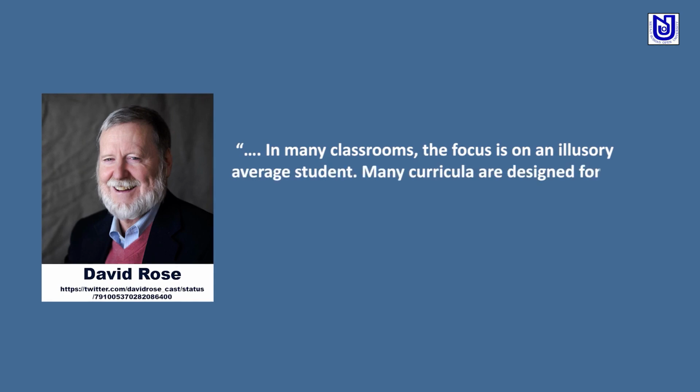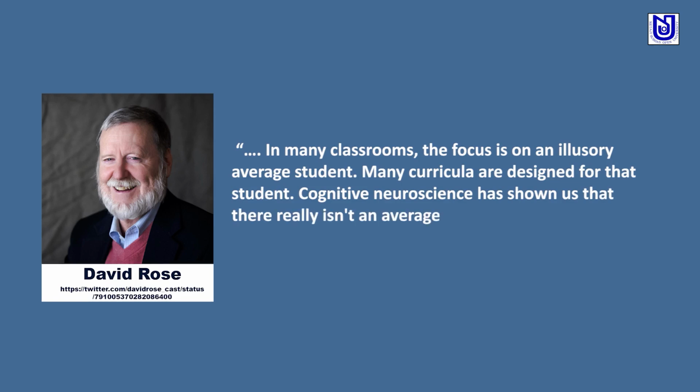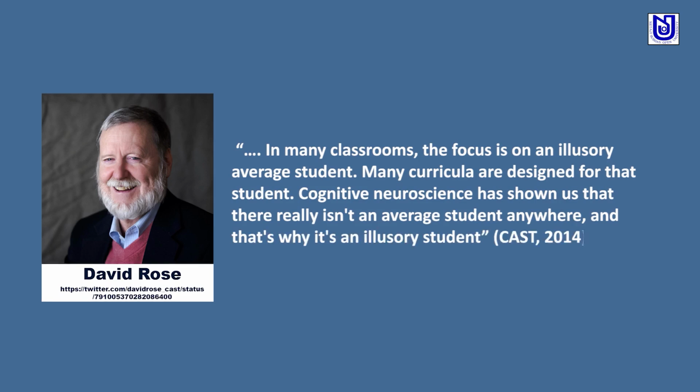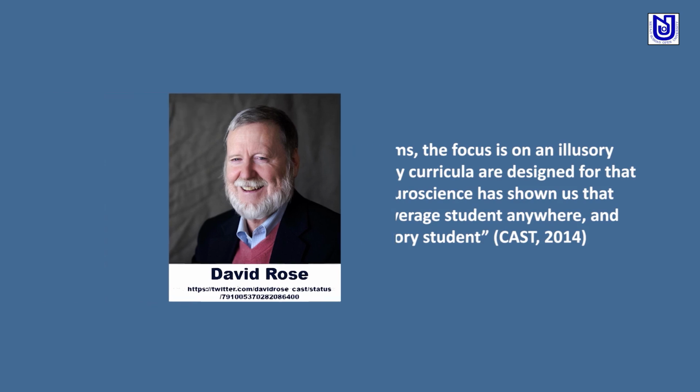Many curricula are designed for that student. Cognitive neuroscience has shown us that there really is not an average student anywhere. And that's why it's an illusory student. This was stated by David Rose in 2014, as I already mentioned.